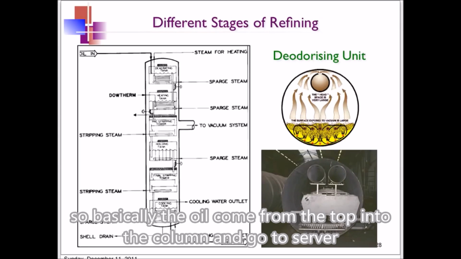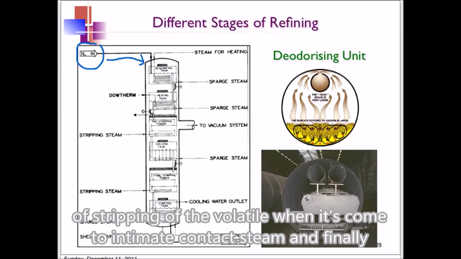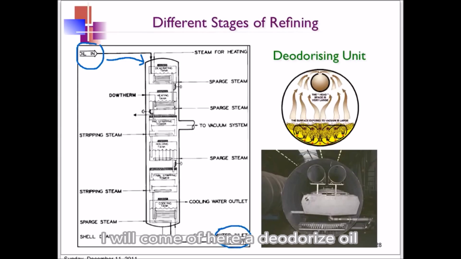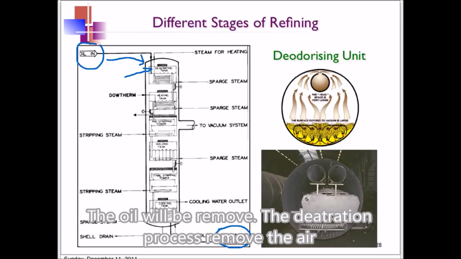So basically the oil comes from the top into the column and will go through several stages of stripping of the volatiles, through intimate contact with the steam, and finally it will come out here as the deodorized oil. On the top part here is the aerating tank, where the air in the oil will be removed.